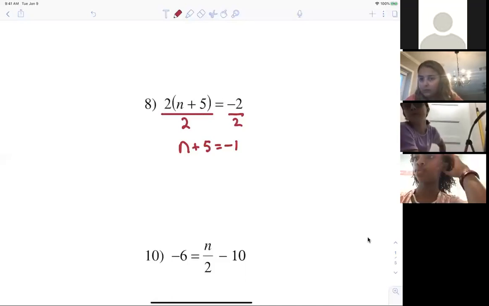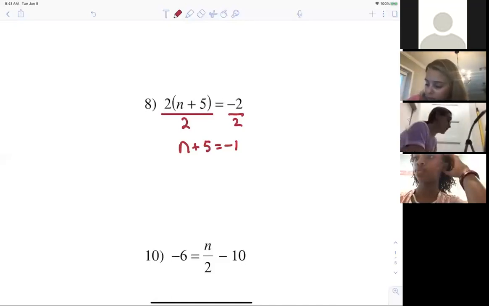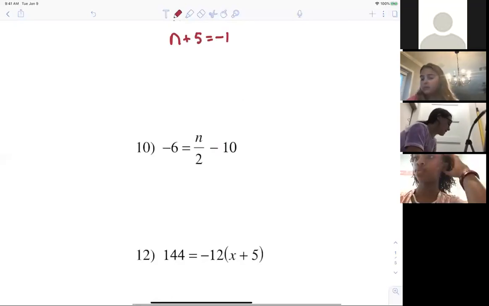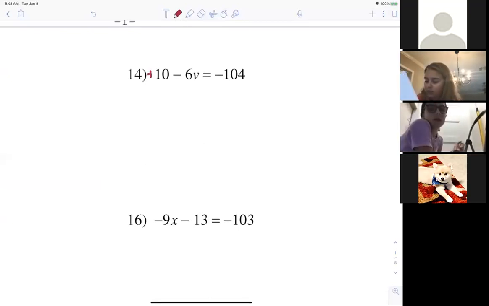Anybody else have any questions? Mr. Brown, go ahead, tell me. I was doing number 14, and I looked back at the answer, and I didn't get the same one. I couldn't figure out what I did wrong, because I added 10. Nope, you're wrong right there. This is a plus 10, kiddo.